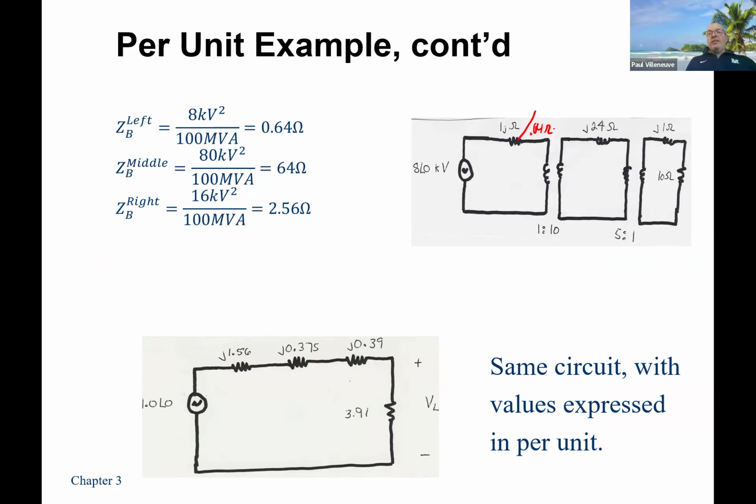That's V base 1. Over here, this is dividing by 64 ohms, which you see I calculated as 80 kV squared divided by 100 MVA. And my last one, I'm going to divide that by 2.56 ohms, as well as my load.